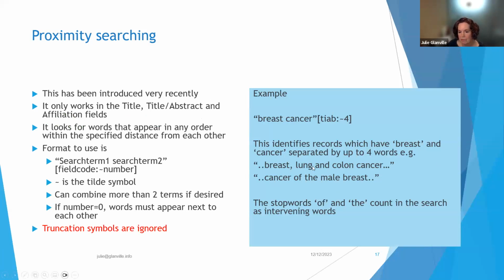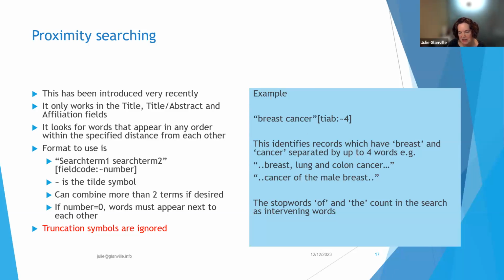Yeah. And what proximity searching lets you do is account for that type of issue where words are not as close together as they could be, but are close together in a meaningful way. So proximity searching is more precise than Boolean ANDs and less precise than phrase searching.